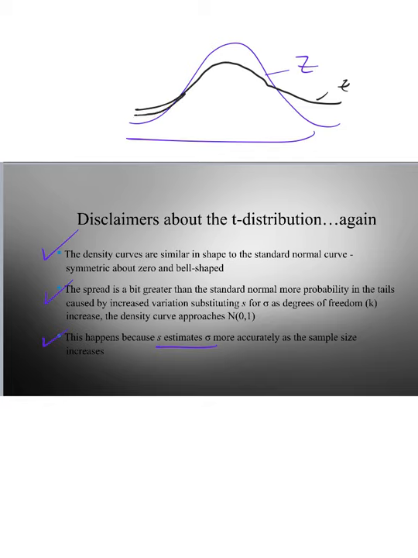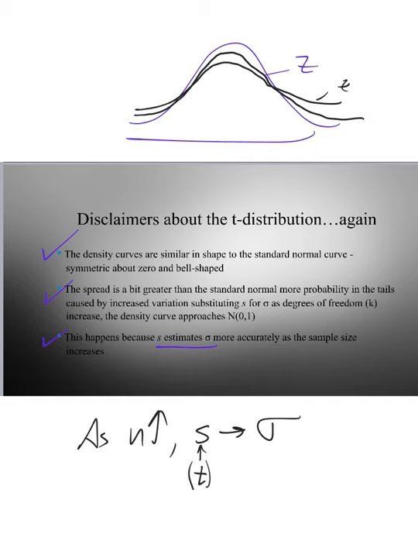If the sample size is bigger, then it gets closer to the Z, because as N increases, our estimation of the standard deviation gets closer, since we're basing it off of more data points. That is why the T gets closer to the Z. But the reason it's not exactly the same is because the T relies on a sample standard deviation, whereas the Z relies on the population standard deviation.